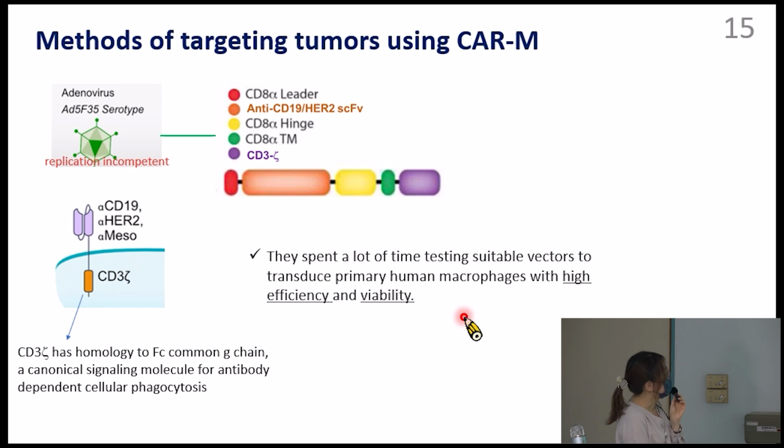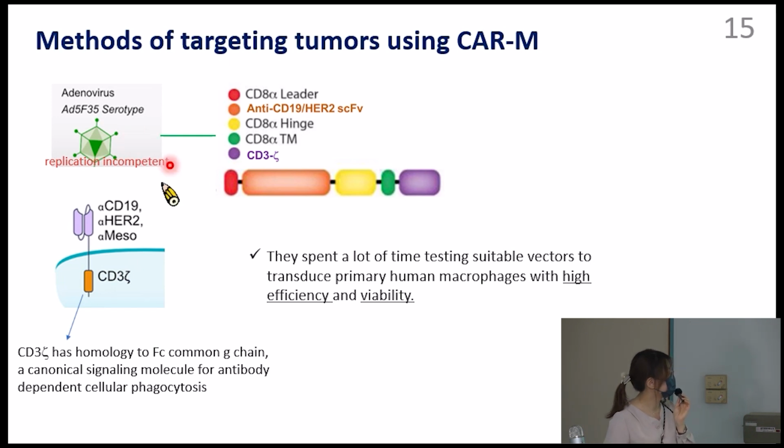So they changed the virus vector, because they said this adenovirus, Ad5F35, is safer than the lentivirus, and the infection efficiency is good enough.